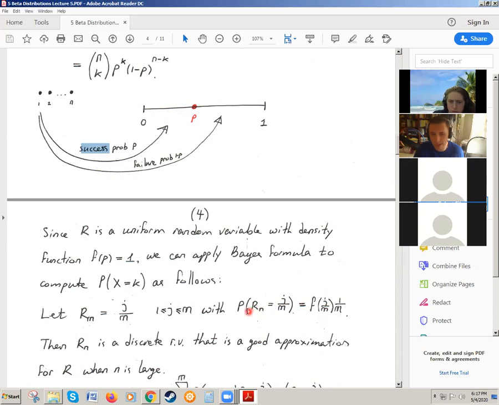If I am asking for the probability that this number is selected, it's roughly the density at this number times dp, the width of the thin column. You understand what this is saying?